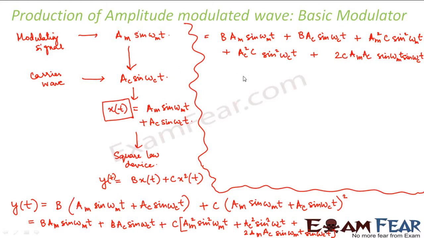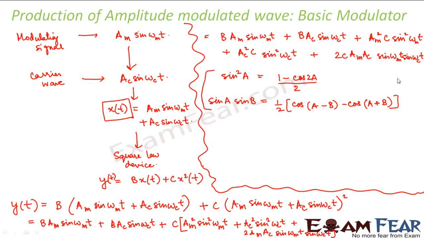Now again we will take help of trigonometric formulas. We know that sine square a is equal to (1 minus cos 2a) divided by 2. And we also know the formula which we used in the previous slide, that is sine a sine b is equal to half of (cos (a minus b) minus cos (a plus b)).